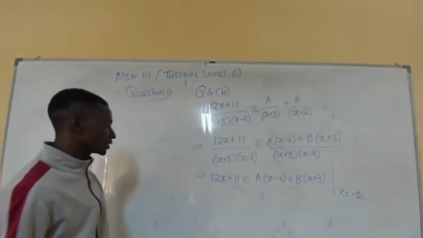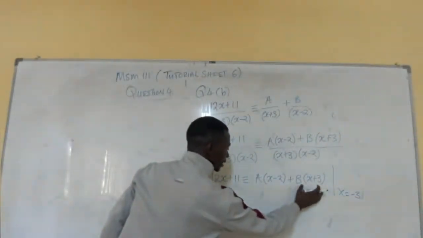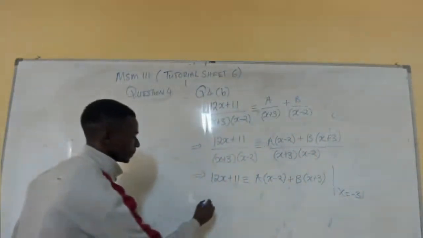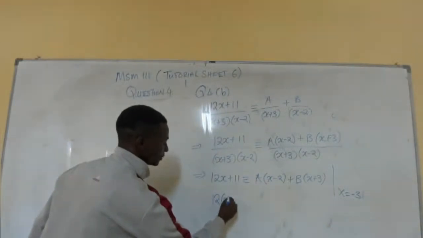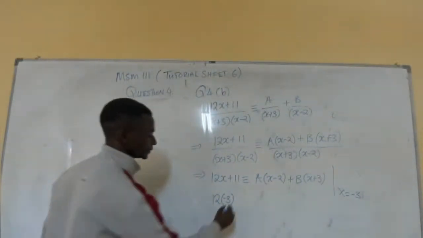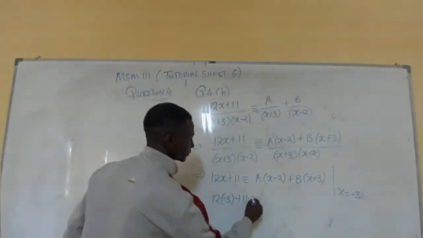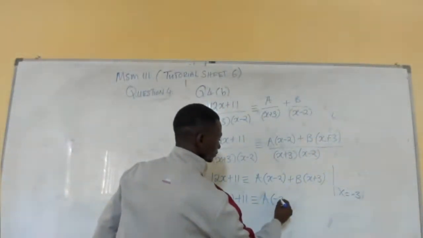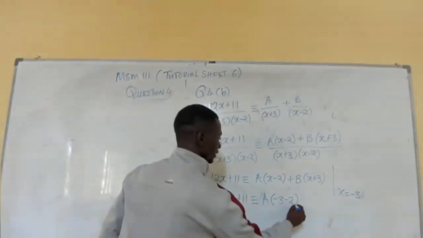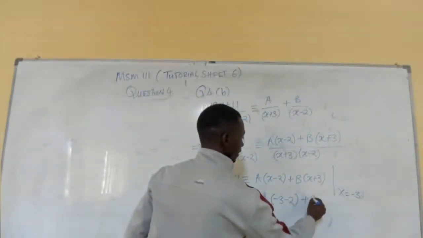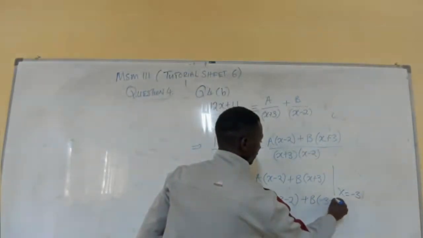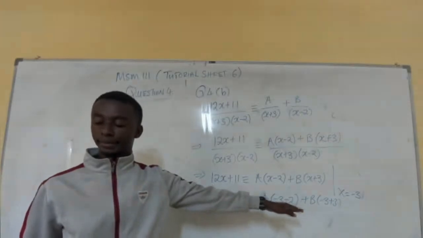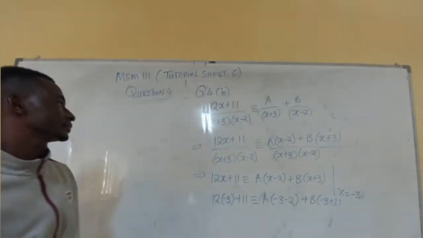So let's solve this equation at x equal to negative 3. 12 multiplied by negative 3 plus 11 equals a, negative 3 minus 2, then plus b, negative 3 plus 3. So there b is 0.